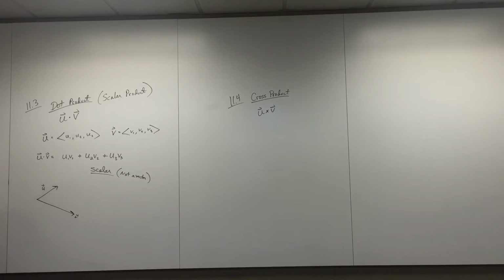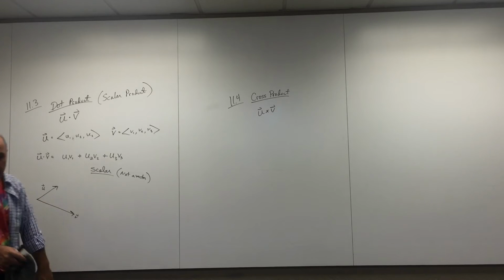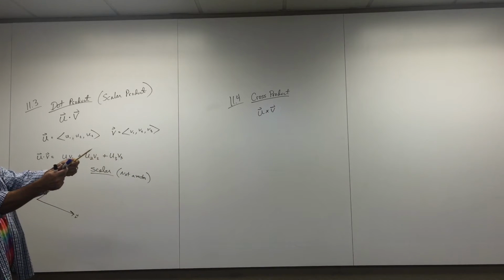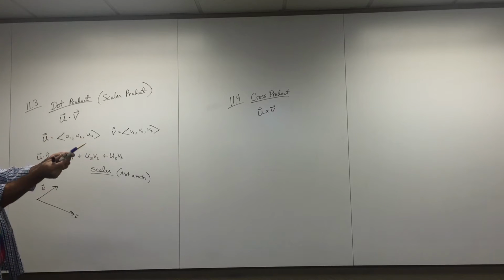They're on a flat board, so you might think they're 2D vectors, but in general they could be 3D or 2D. They're just two vectors with their tails together, somewhere in space.